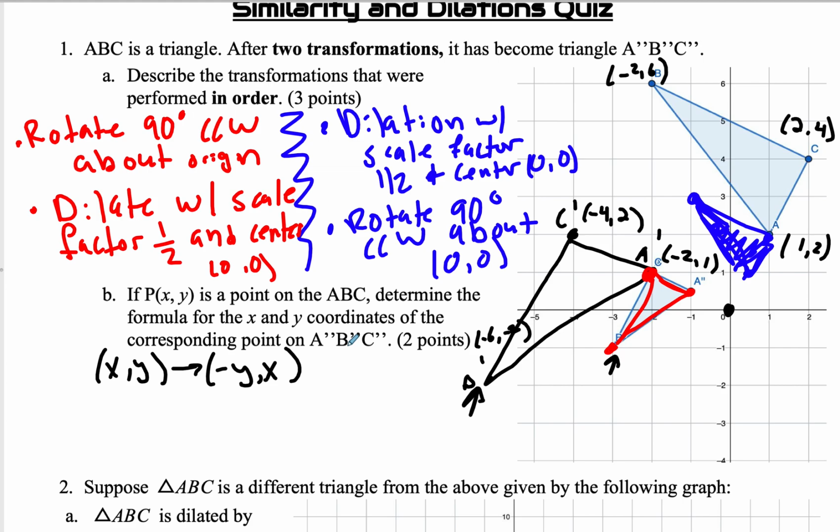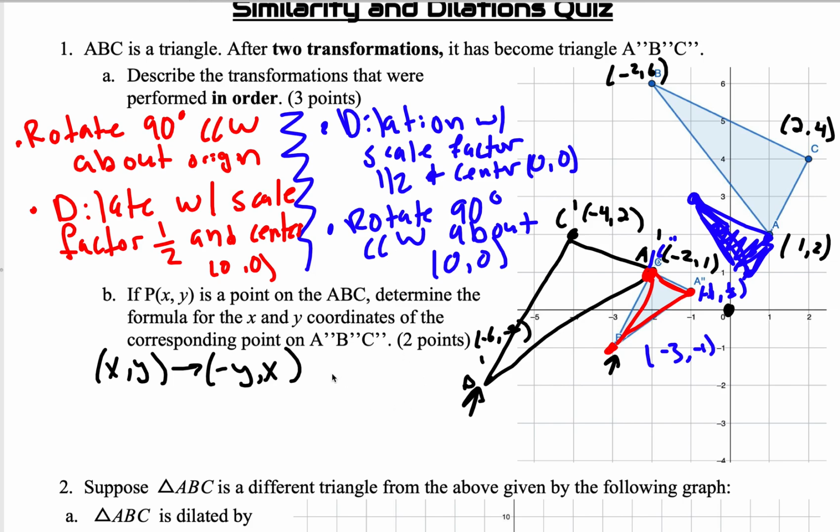So what's happening with the dilation? Well, look, the new point A becomes the new C double prime, essentially. So this is the same thing as C double prime, but this becomes -1, -1/2. So what happened is cut in half, cut in half. This becomes -3, -1, cut in half, cut in half.